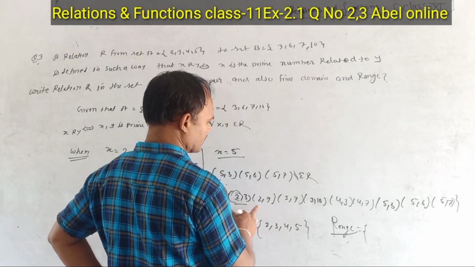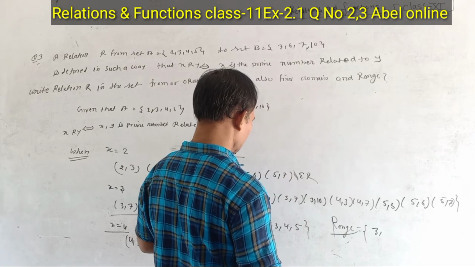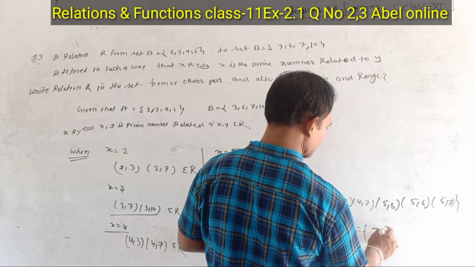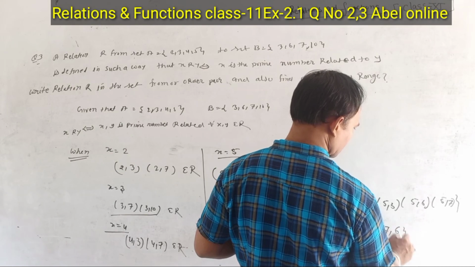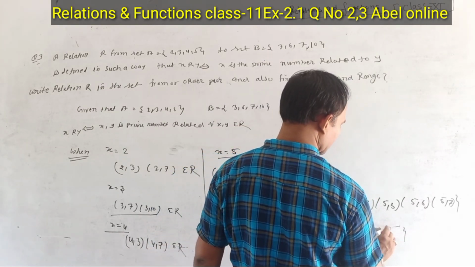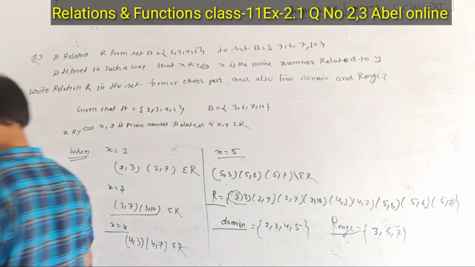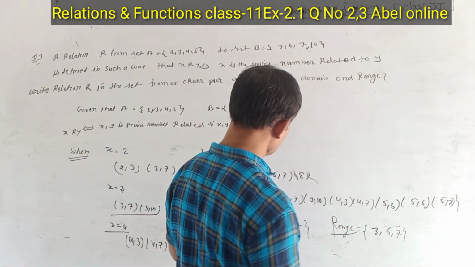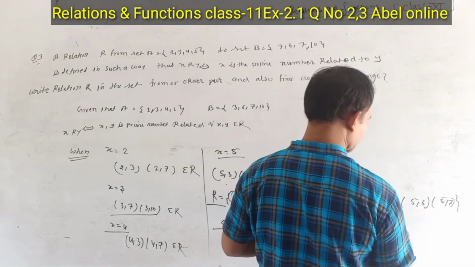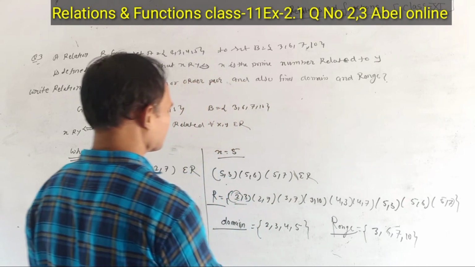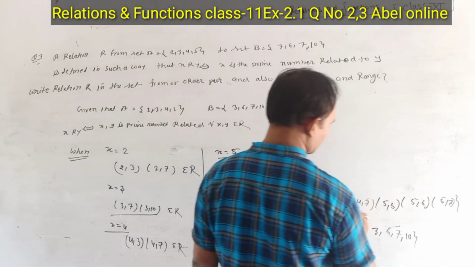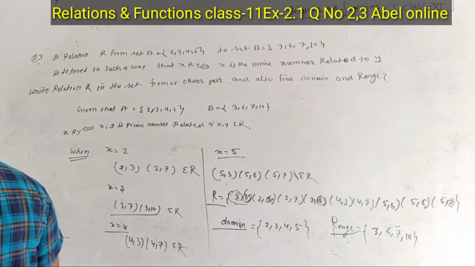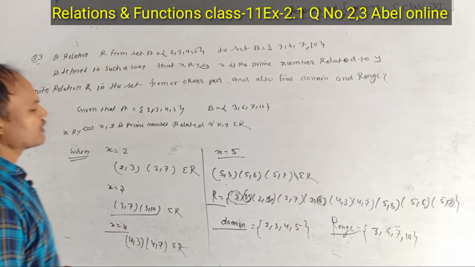So they are 3, 7, 10, 3, 7, 3, 6, 7. So 3, 6, 7, 10 is the range, and the domain is 2, 3, 4, 5.